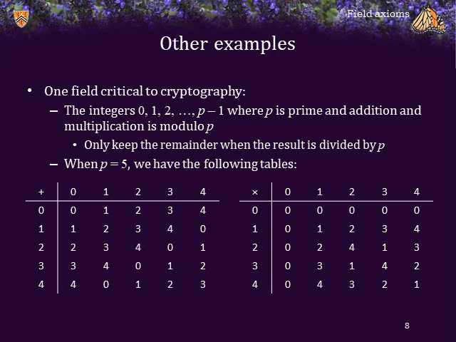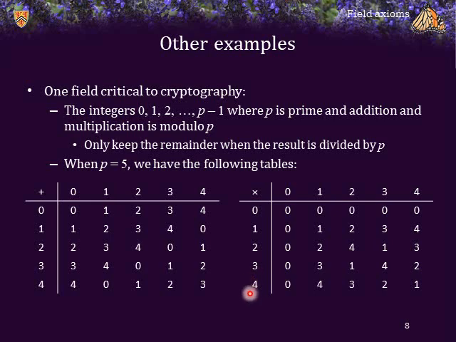Going over to multiplication, we note that 3 times 4 is equal to 12, but the remainder when 12 is divided by 5 is 2, so therefore 3 times 4 is equal to 2. Notice also that 2 times 3 is equal to 6, and 6 divided by 5 has a remainder of 1, therefore 2 times 3 is equal to 1, and 3 times 2 is equal to 1, and therefore the multiplicative inverse of 2 is 3, and vice versa.